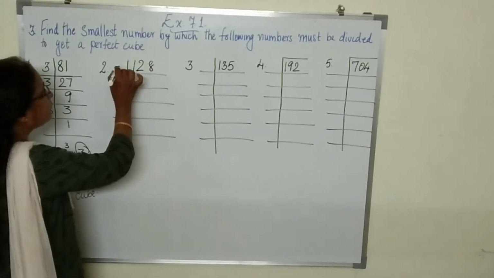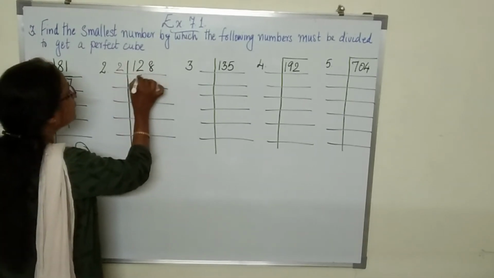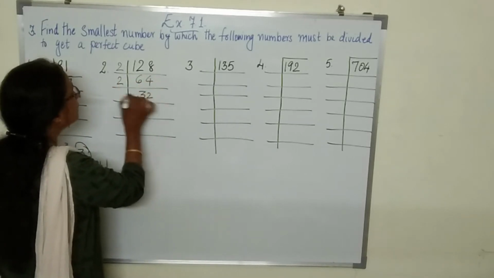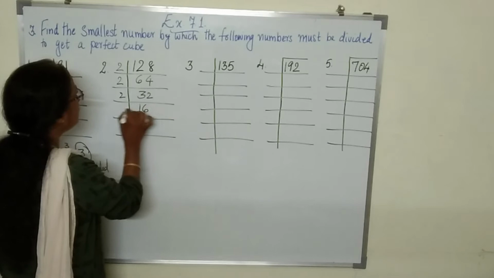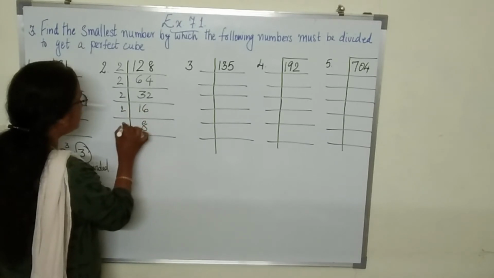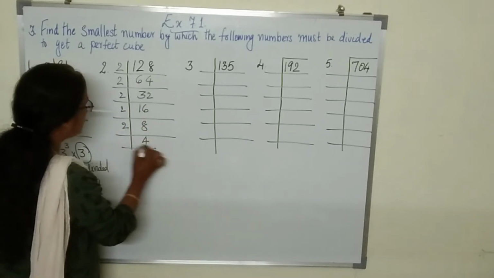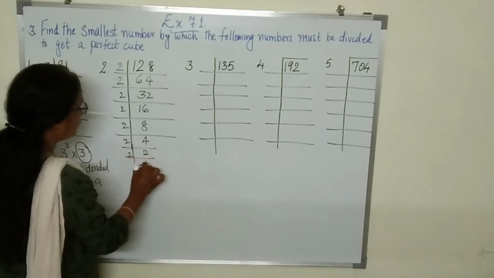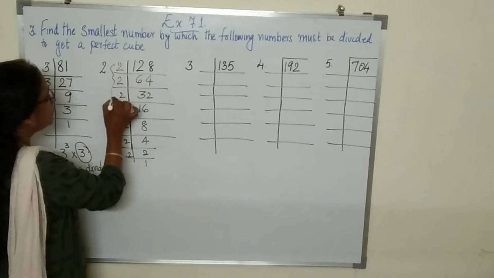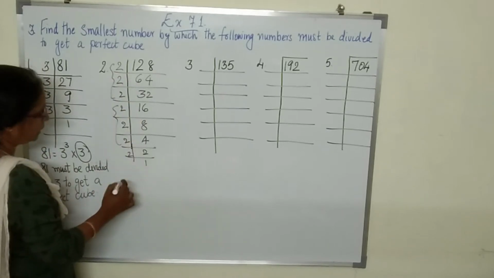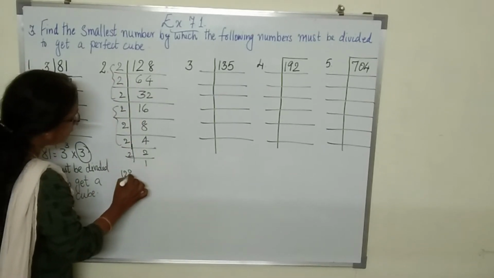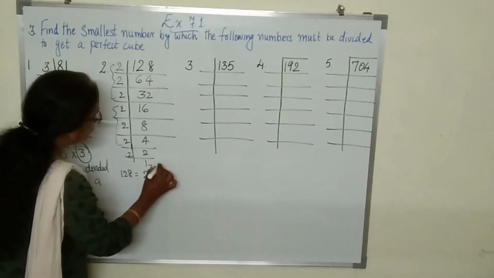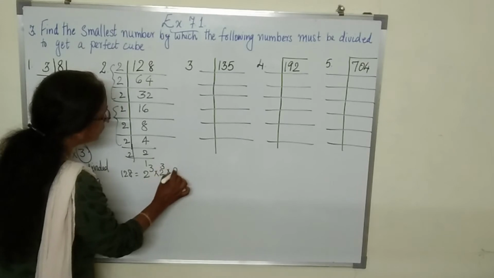Similarly here, when we divide 128 by 2, we get 64, 32, 16, 8, 4, 2, 1. See here 1, 2, 3, 1, 2, 3. So 128 is equal to 2 cube into 2 cube into 2.